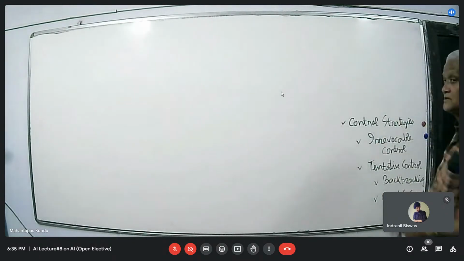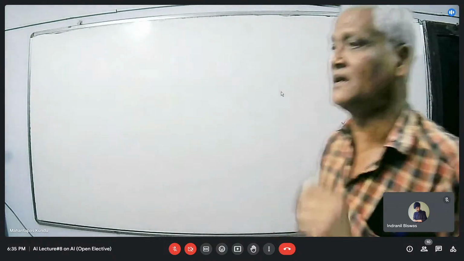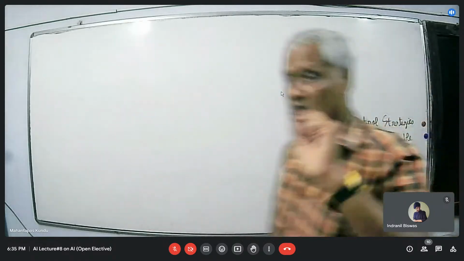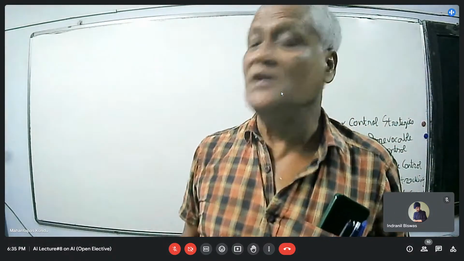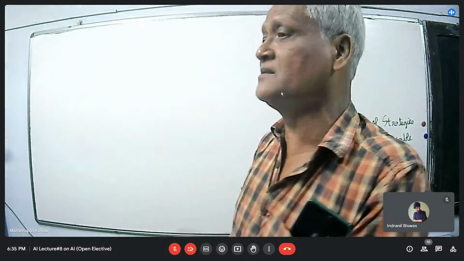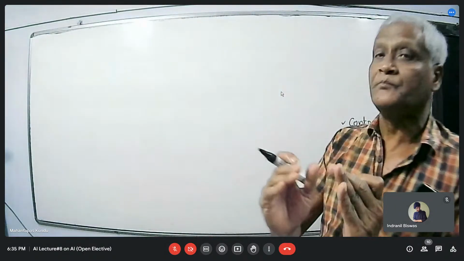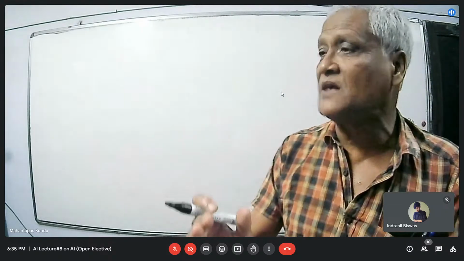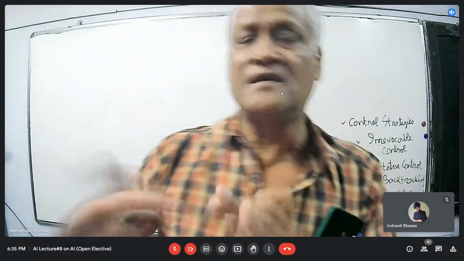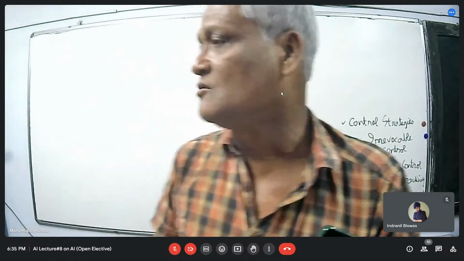Now, out of these different control strategies, in our last class, we discussed irrevocable control. We also discussed how a hill climbing function can be used to make state space search under irrevocable control focused, directed towards the goal node.